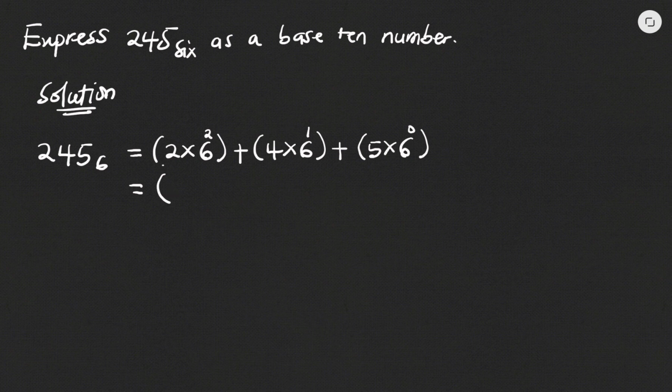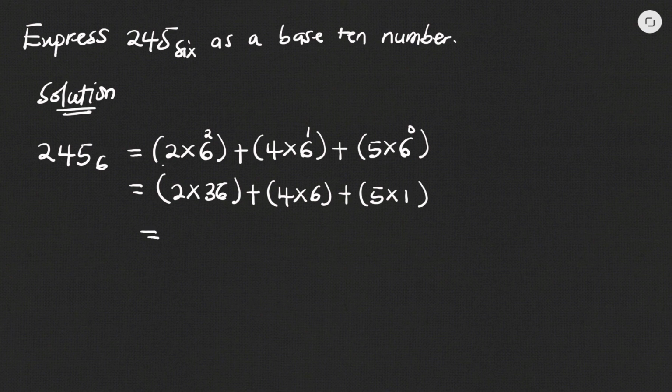So we have here 2 multiplied by 6 squared will give me 36, plus 4 multiplied by 6 raised to the power 1 will give me 6, plus 5 multiplied by 6 raised to the power 0 will give me 1.